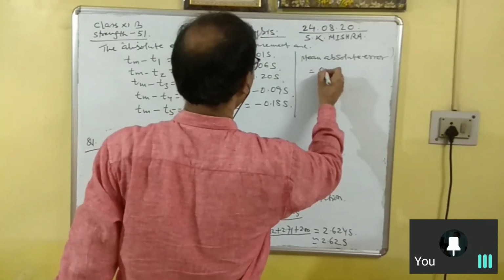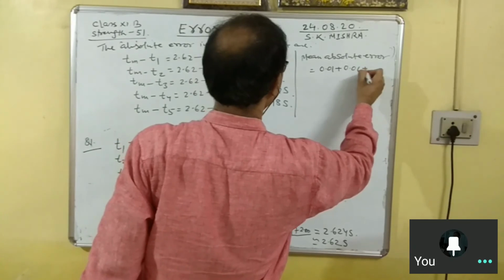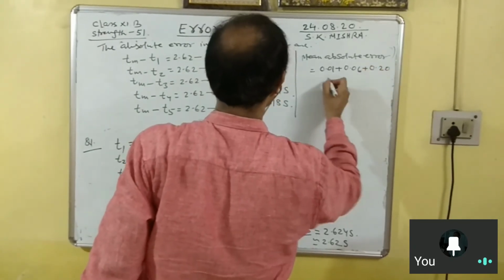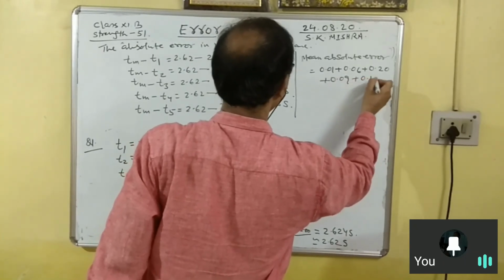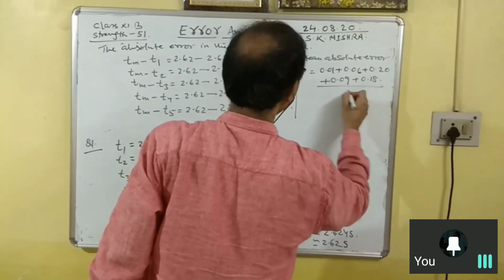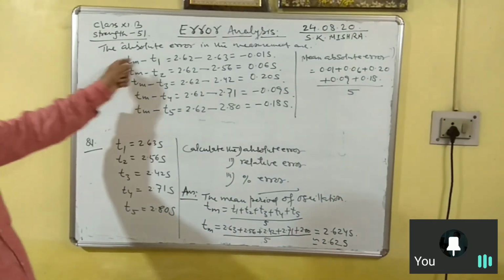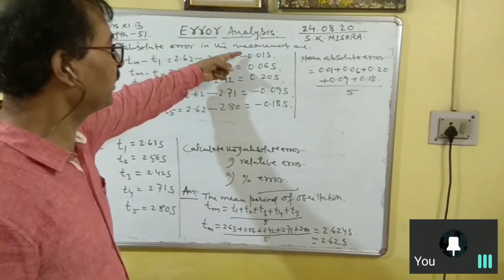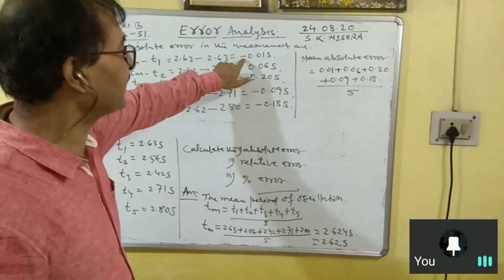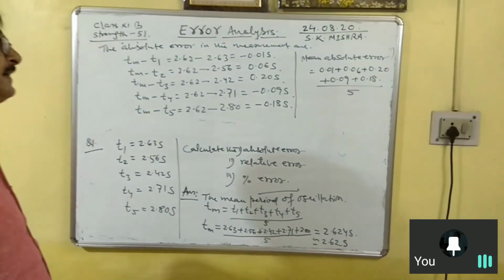So 0.01 plus 0.06 plus 0.20 plus 0.09 plus 0.18, divided by 5. So each difference may be positive or negative, but convert it into positive, then add all 5 and divide by 5.